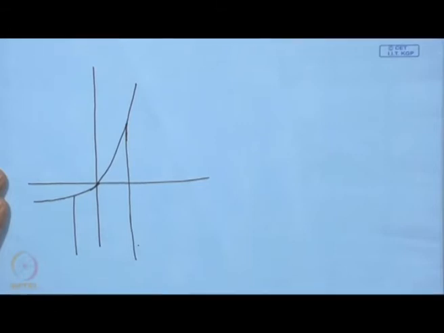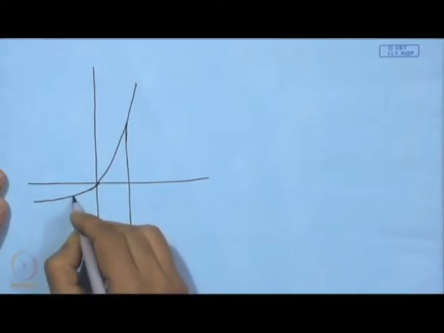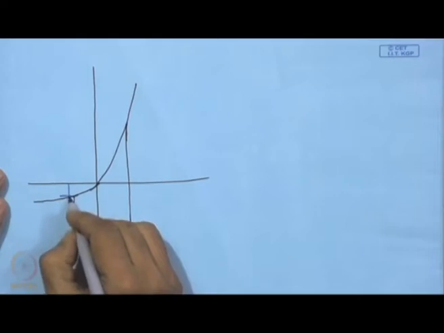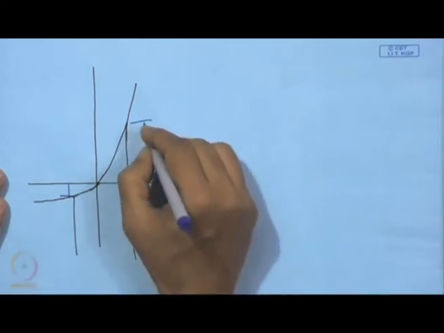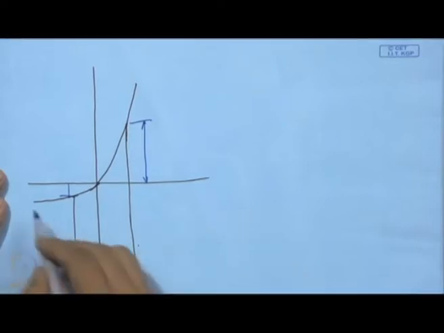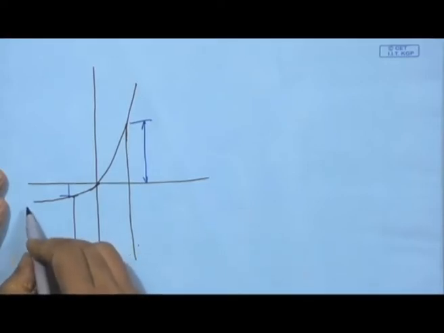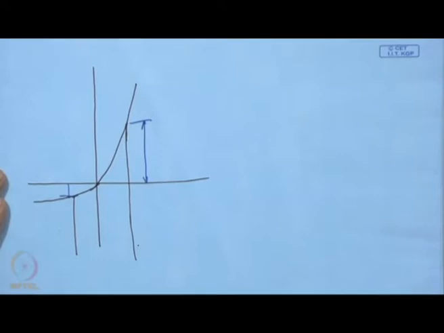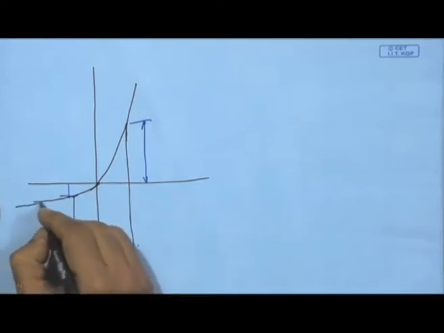So, what we can see from this point is that this width and this width are not the same. So, we have to find out a position, maybe we can find it like this.